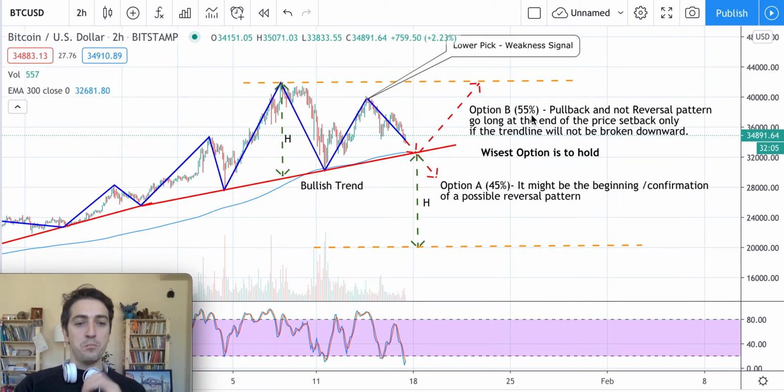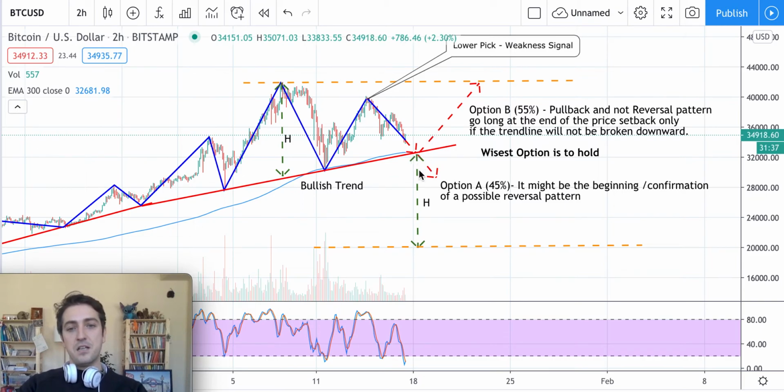So this is option B, and I gave 55% again as probability, because generally a trend will stay in place rather than reverse. It's easier for a trend to keep moving in that direction, in this case an uptrend, rather than revert. So in conclusion, just hold for now, because we got this weakness signal.